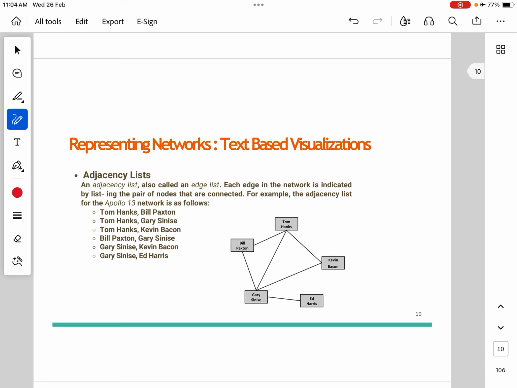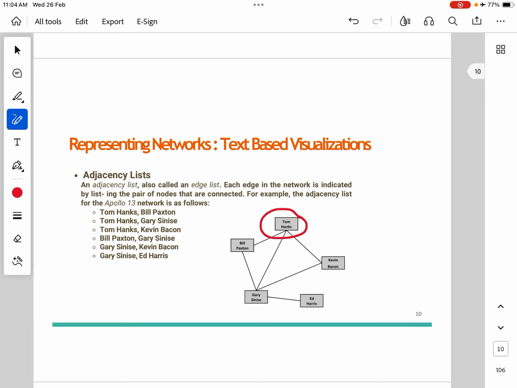Representing networks, text-based analytics: adjacency list. An adjacency list is also called an edge list. Each edge in the network is indicated by listing the pair of nodes that are connected. For example, the adjacency list for the Apollo 13 network is as follows.